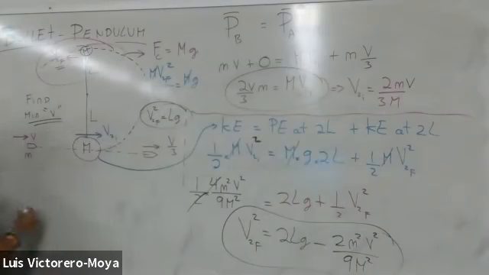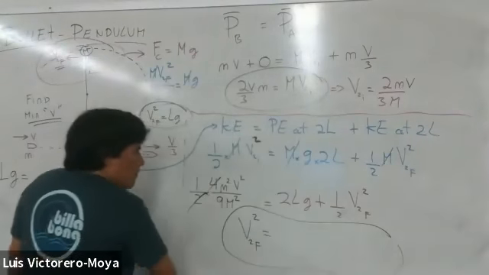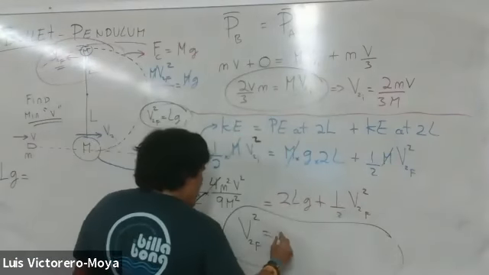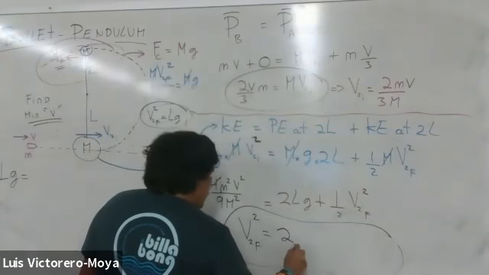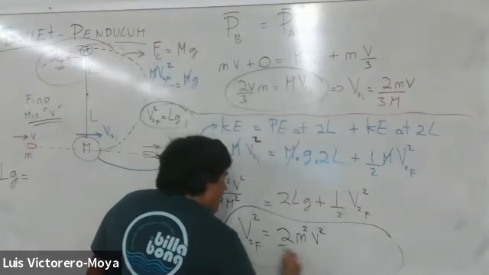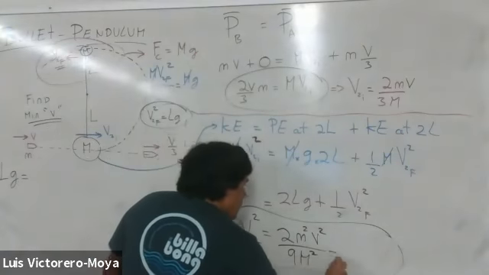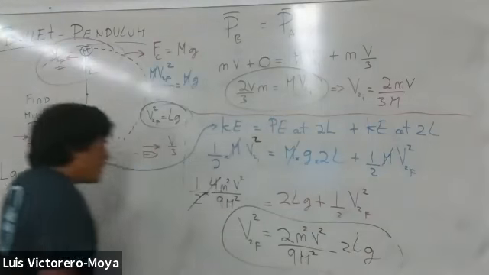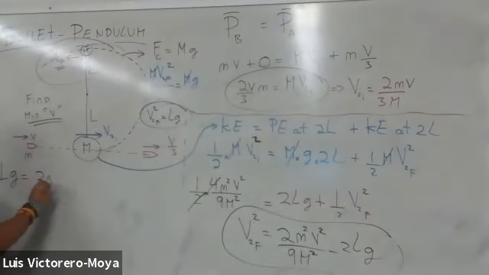M squared over R, yeah. So LG is equal to 2M squared V squared over 9 big M squared minus 2LG.